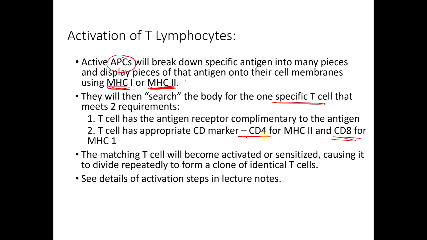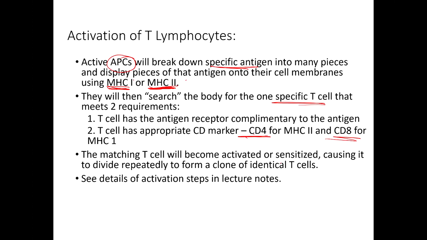That's going to activate our CD4 cells, which are the helper T cells, which are ultimately going to lead to B cell activation and antibody production so that we can clear the bacteria. So it is that matching of MHC with CD4, which is all dictated by the specific antigen, which then helps us to elicit the proper immune response.